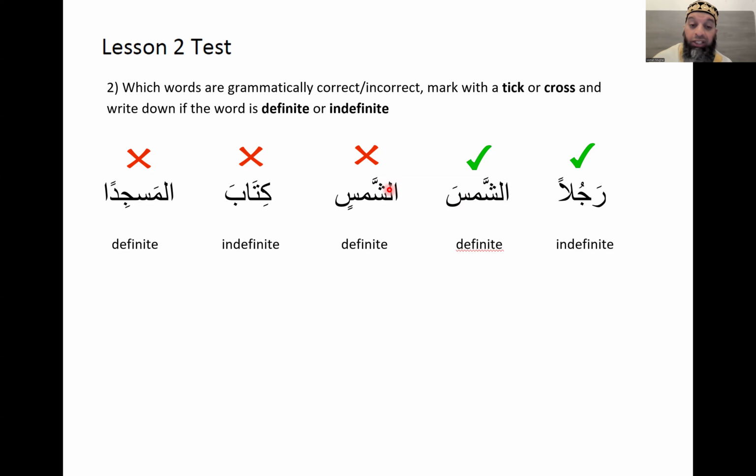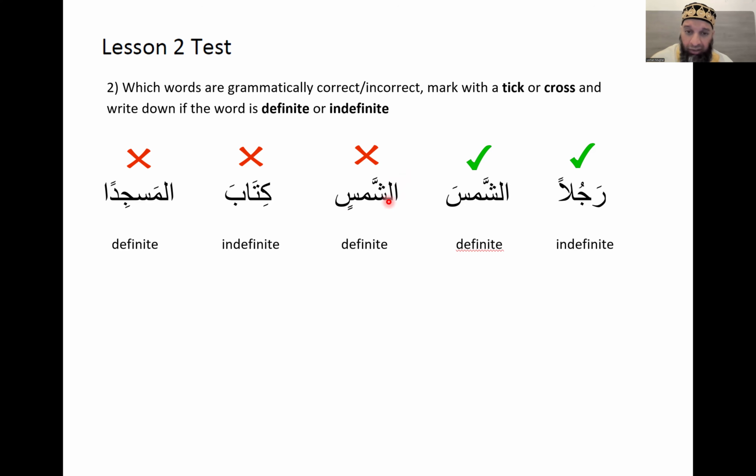Next one, ash-shamsin. So what's wrong with that? Excellent. Everybody else? Yep. Remember the rule in grammar, and the good thing is it's already written in the Quran, but we went over it, we learned it at the same time.